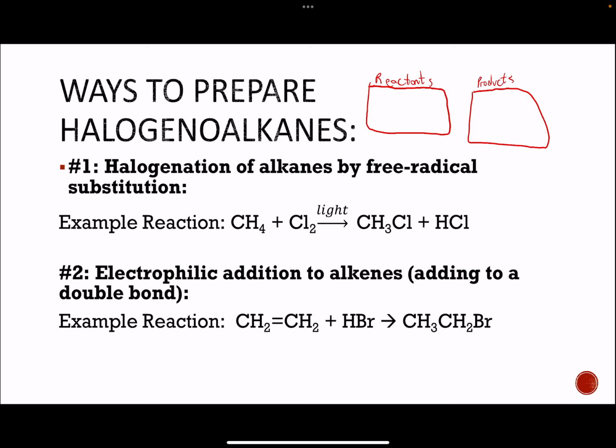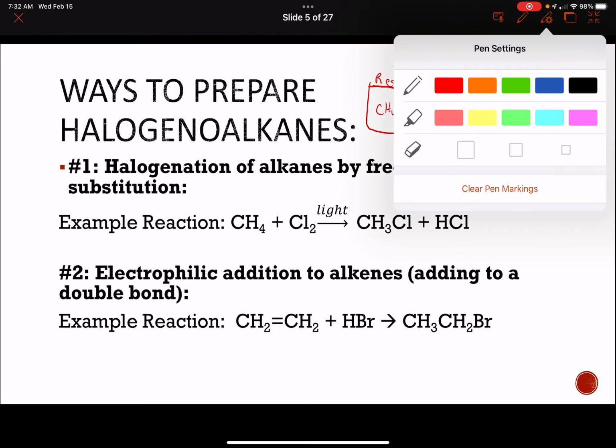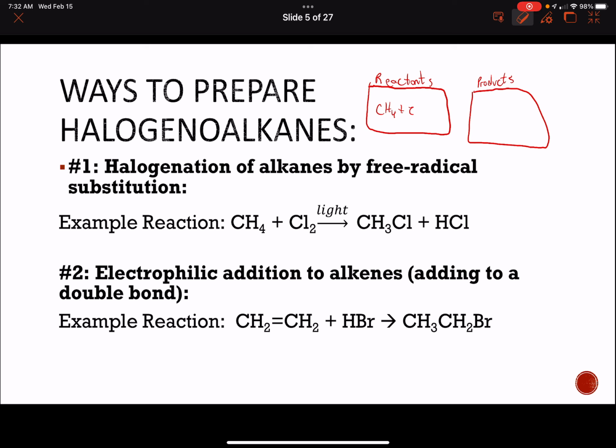So you would say CH4 plus Cl2, that would be your reactants. And then you would have to come up with the prediction that your products would be CH3Cl plus HCl.